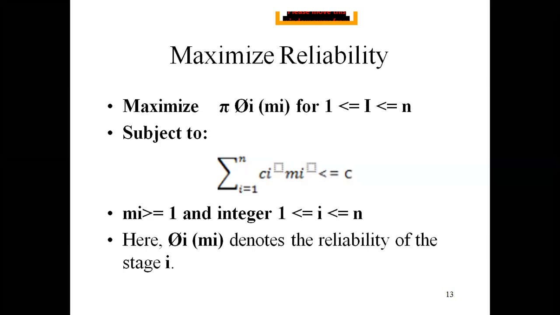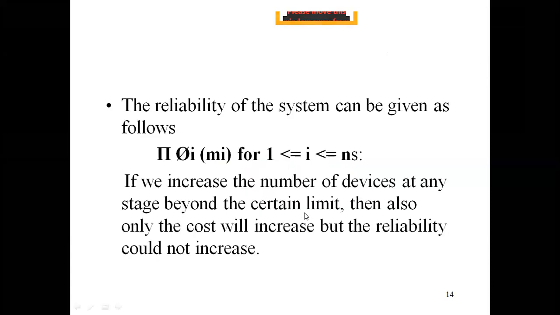Here phi i of Mi denotes the reliability of stage i. The reliability of the system can be given as follows: the product, where pi means multiplication of each item, of phi i of mi for i from 1 to n.